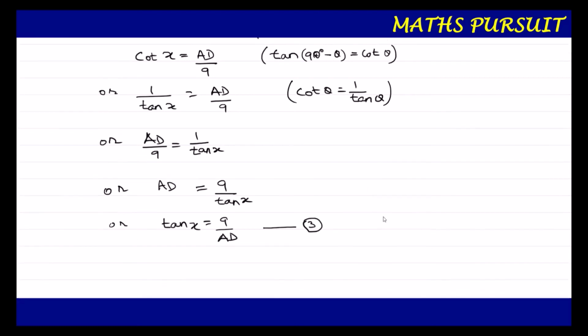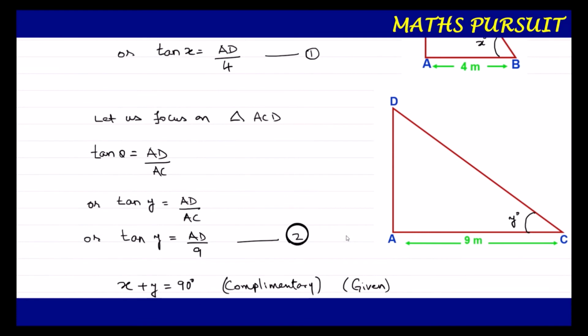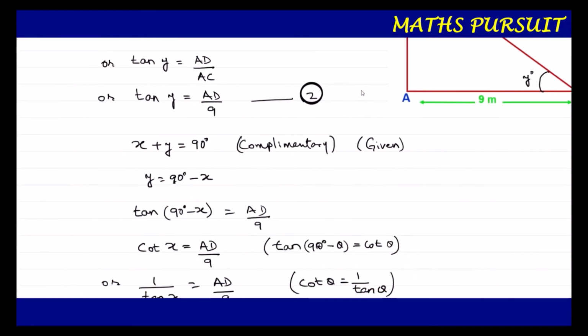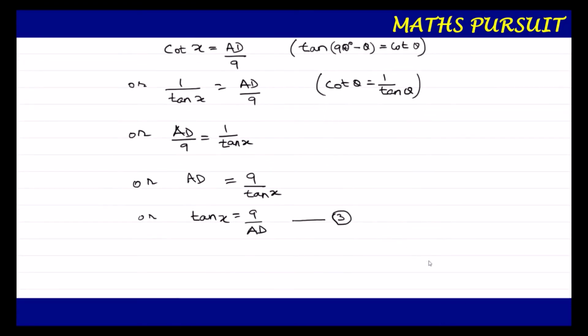So looking at equation number 1, we got tan x is equal to AD upon 4, and in equation number 3 we got tan x is equal to 9 upon AD. So I can say equation 1 and equation 3 are equal.